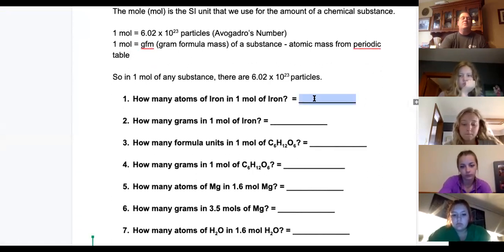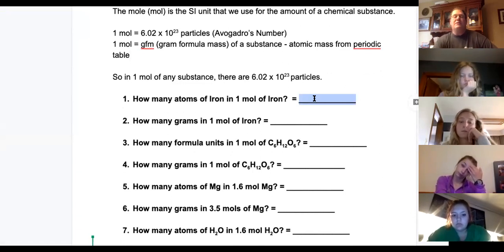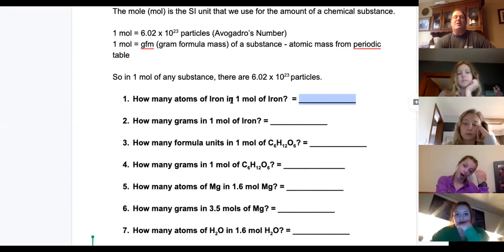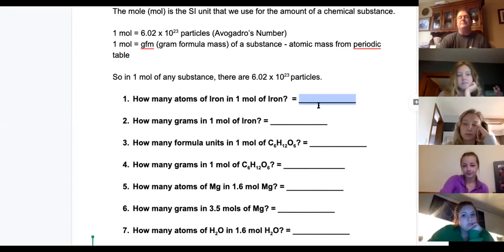Okay, so let's look at these problems. So in 1 mole of any substance, there are 6.02 times 10 to the 23rd particles. So McKenna, how many atoms of iron would be in 1 mole of iron?